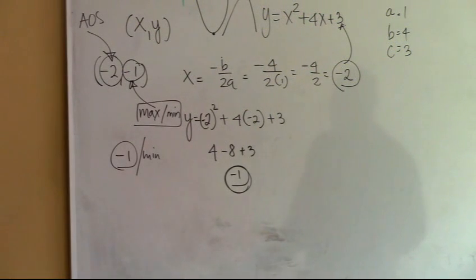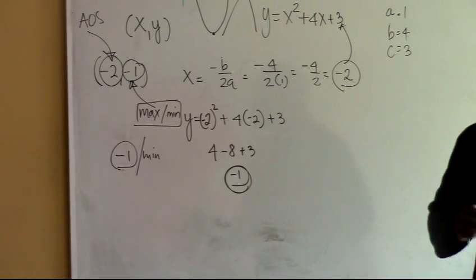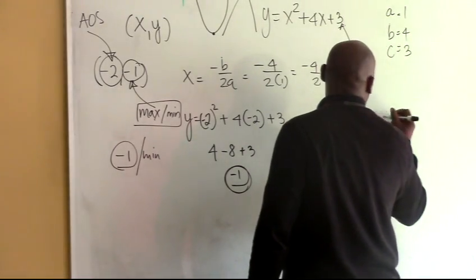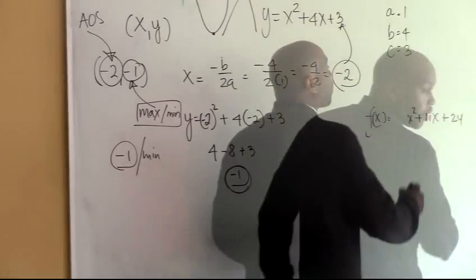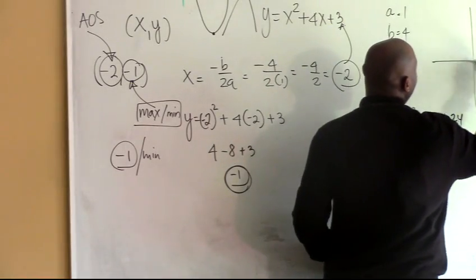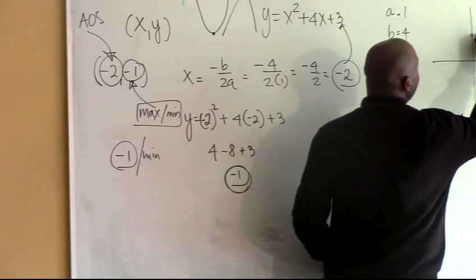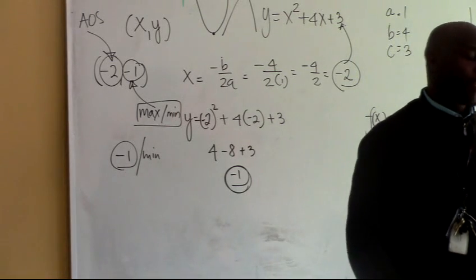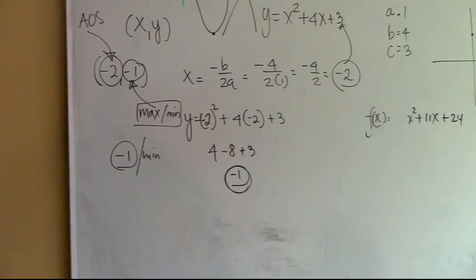And how we can actually look at and solve that: if we're talking about our y-intercept, how do we define our y-intercept? It's the point where it crosses the y-axis. If it crosses the y-axis, what is our x-coordinate? 0.